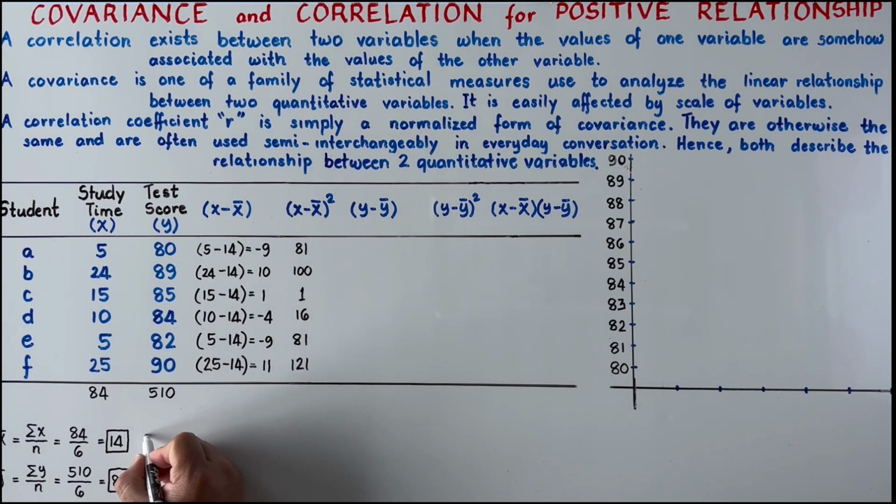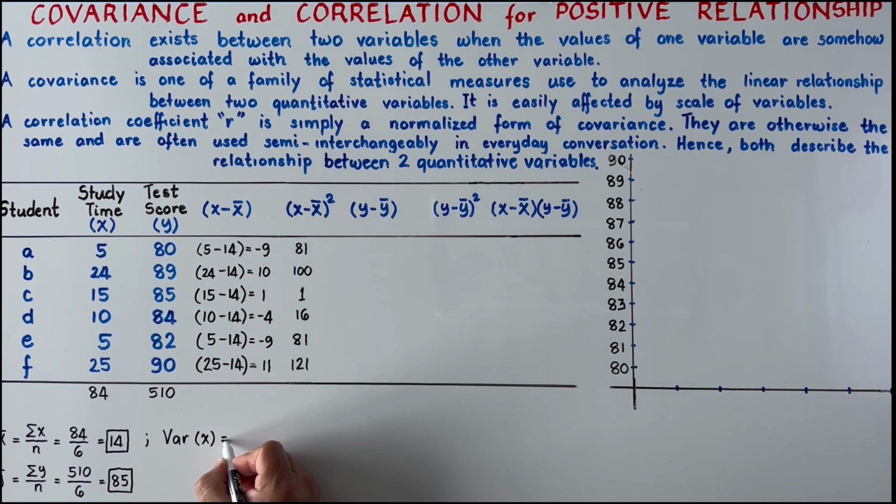So with this, I can compute for the variance of the variable x. And we know the formula of the variance, which is the sum of the square deviations of every value from its mean divided by n minus 1, because we consider this one as a sample of all the students.